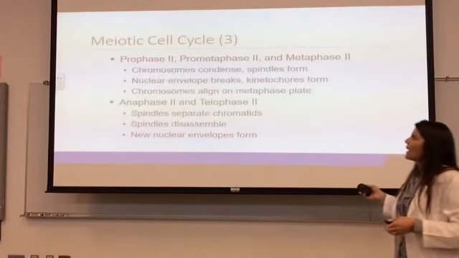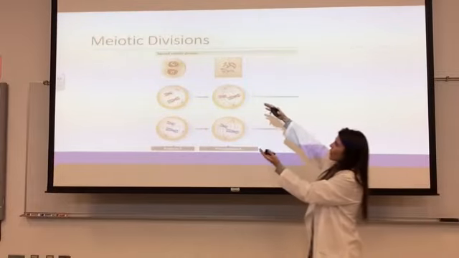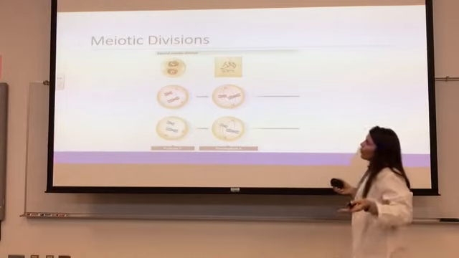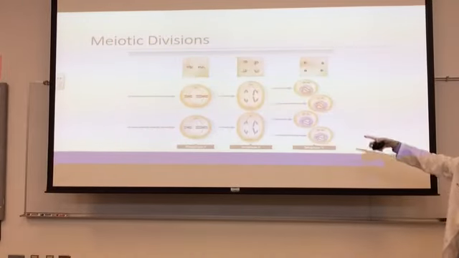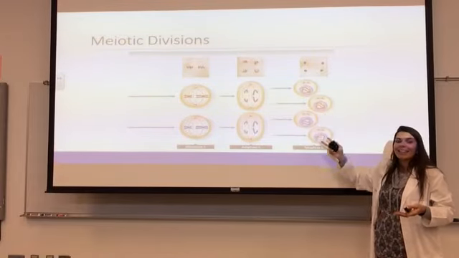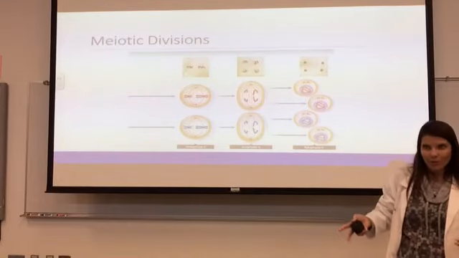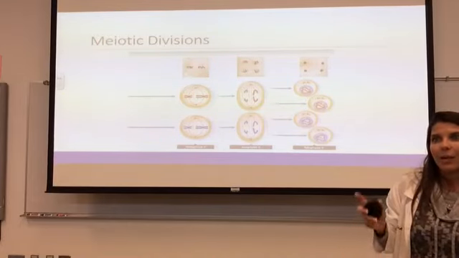Okay? Nothing new there. Then after telophase 2, you have 4 genetically different haploid daughter cells in meiosis.